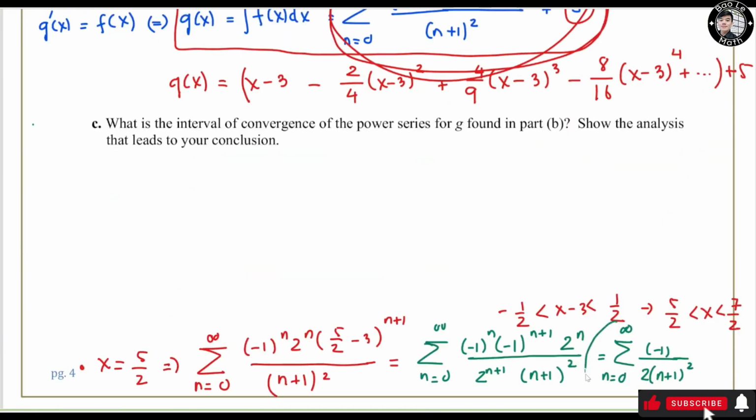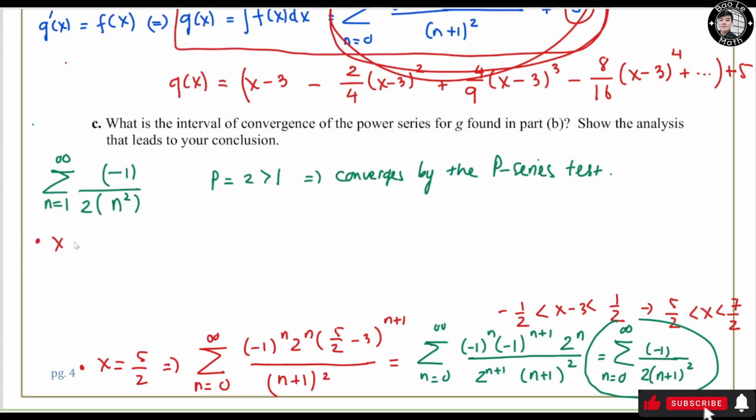I just rewrite this as the series starting from 1 to infinity of negative 1 over 2 times n squared. I'm going to apply the p-series test. p in this situation equals 2, which is greater than 1, so by the p-series test, the series converges.